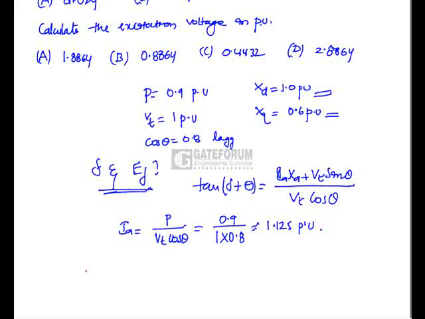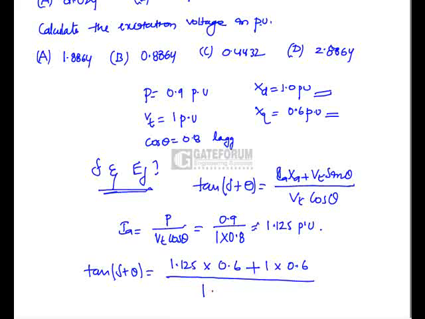Now tan of delta plus theta, where delta is the power angle or you can say the load angle, is equal to Ia, which is 1.125 per unit, times Xq, which is 0.6, plus Vt, which is 1 per unit, into sin theta, which is again 0.6, divided by Vt into cos theta, that is 0.8.